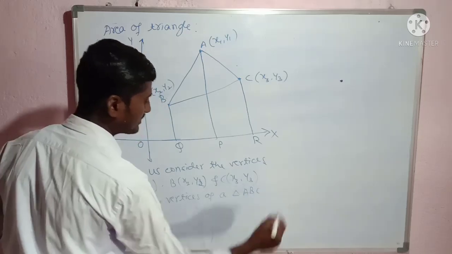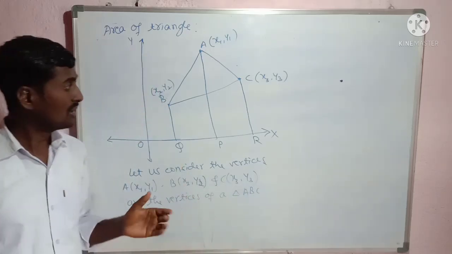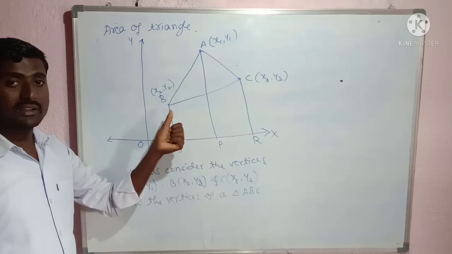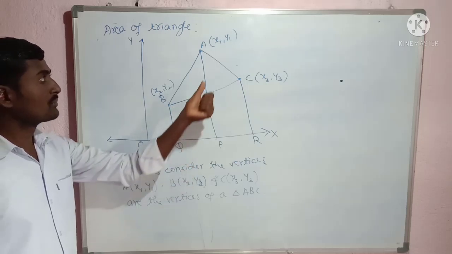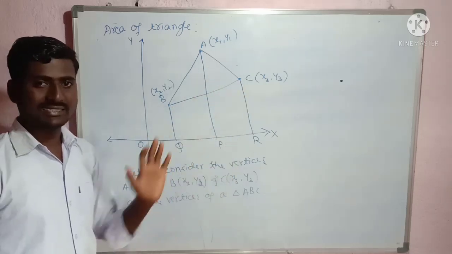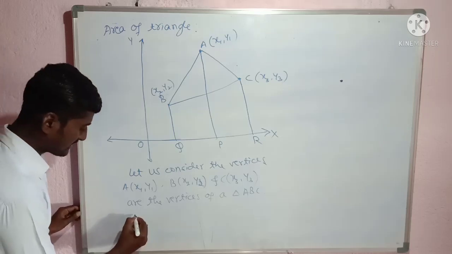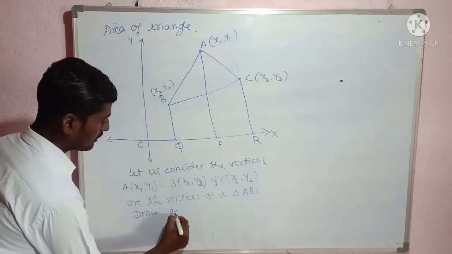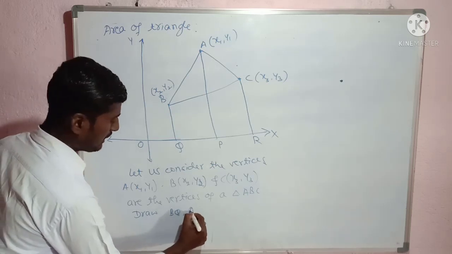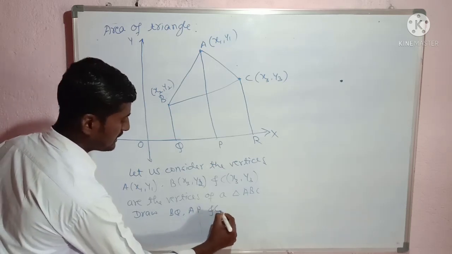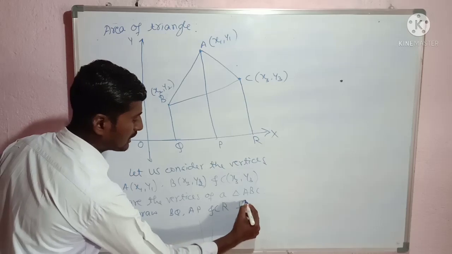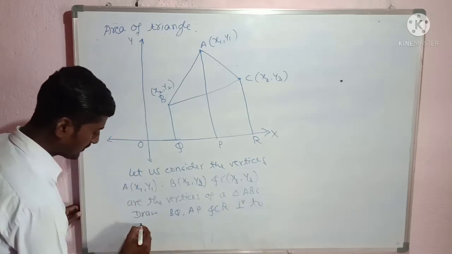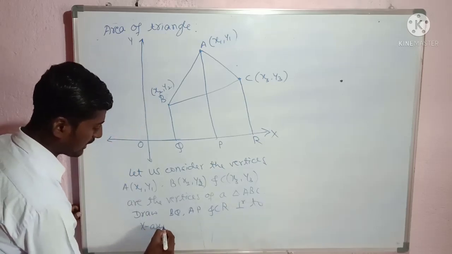Okay, these are the vertices of triangle ABC. One more, draw perpendiculars BQ, AP and CR to the x-axis. Okay, these are perpendicular to the x-axis.